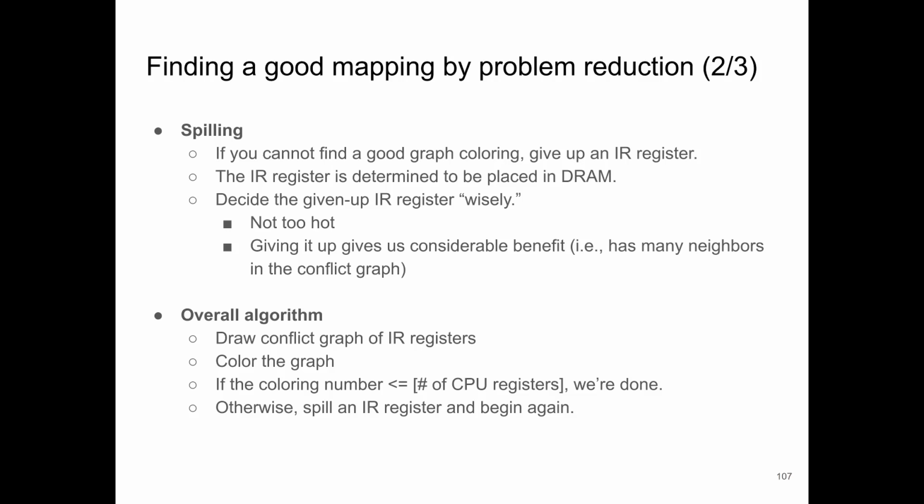Otherwise, we find registers to give up, spill the register, and begin again from the beginning. We draw the conflict graph after spilling an IR register, and on and on, until we get a good graph coloring with less than or equal to the number of CPU registers. So that is basically the overall algorithm.